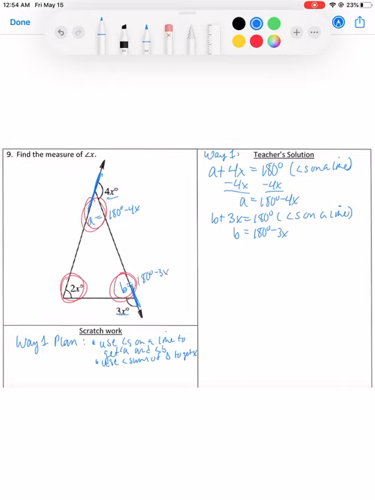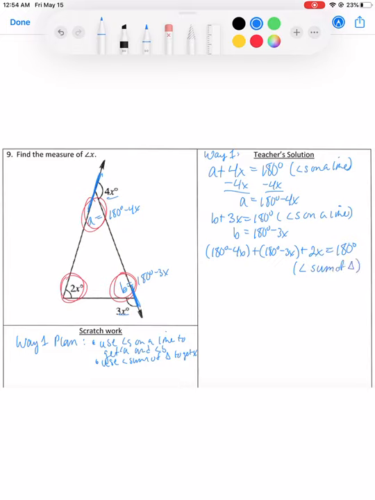What I need to do with angle A and B and 2x was to add them together and set them equal to 180 because of angle sum of triangle. So we're going to take my 180 minus 4x plus my 180 minus 3x plus 2x and set that equal to 180 degrees. That's because of angle sum of triangle.